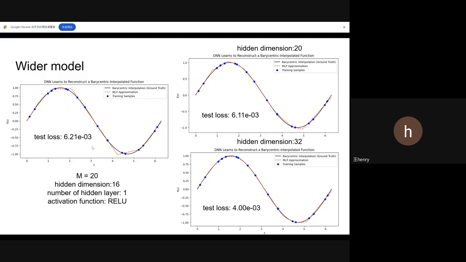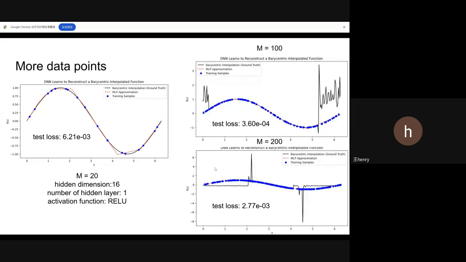We can see that the test loss values drop along the way, and the model can regenerate the unknown function more fluently. So this is a case of increasing the model's width.